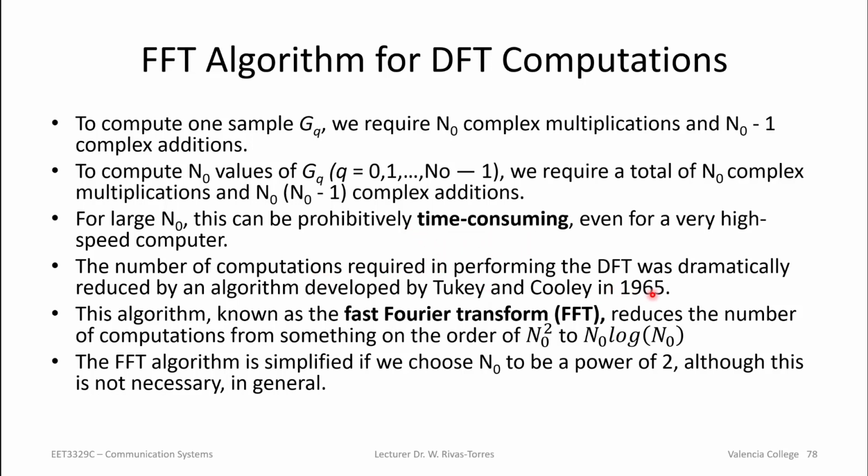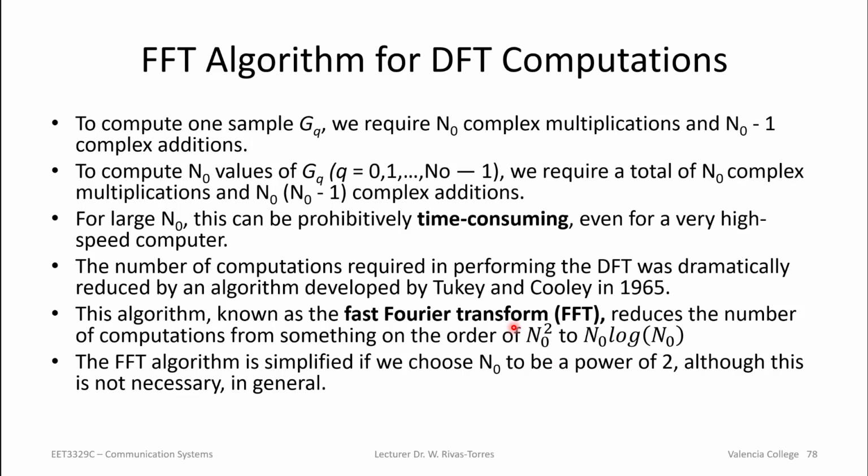Back in 1965, Tukey and Cooley came up with an algorithm known as the fast Fourier transform. In practical terms, if you just want to calculate the DFT, you have N0, the number of samples, squared, and that tells you about how many computations you have to do to calculate the DFT.